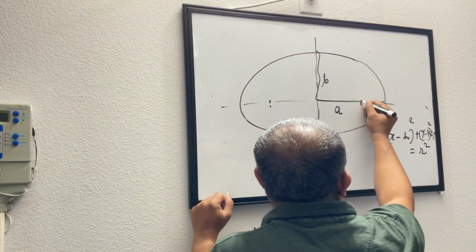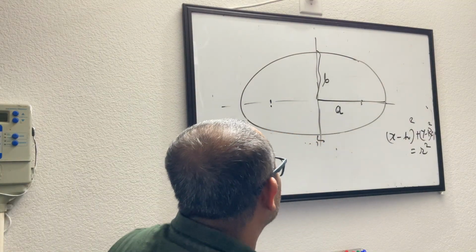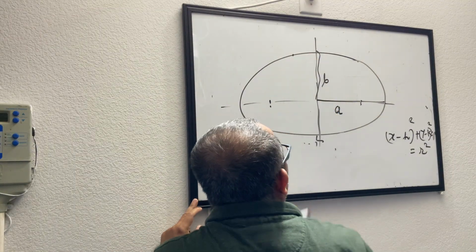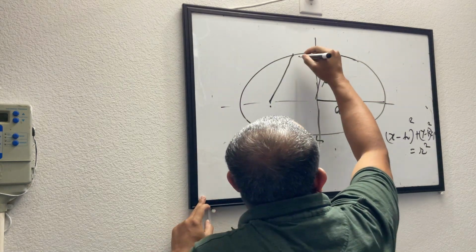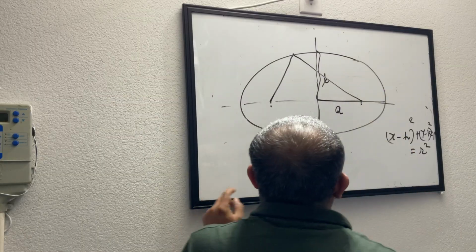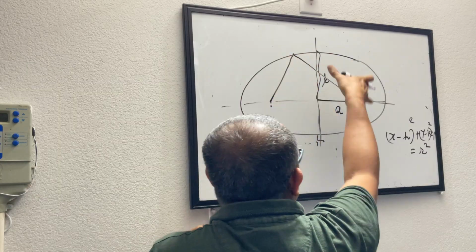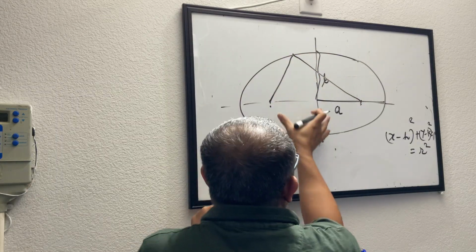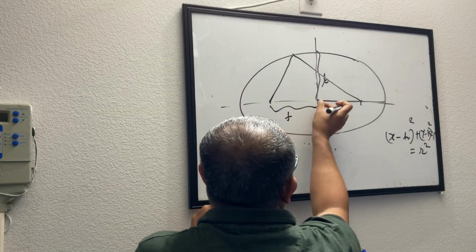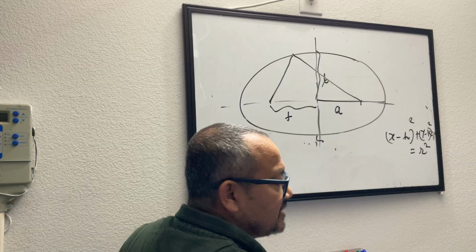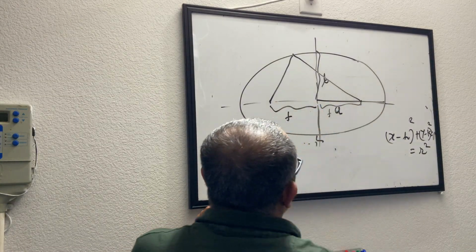So foci are the 2 points along the major radius such that, for any point on the perimeter of the ellipse, the sum of these two distances is constant. If this is my focus, this length from the origin to here I will call the focal length, and here to here I will also call the focal length. These two will be the same.